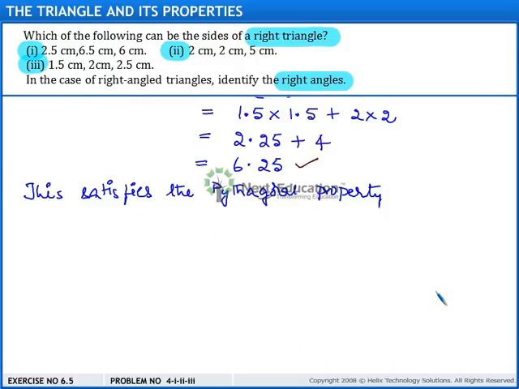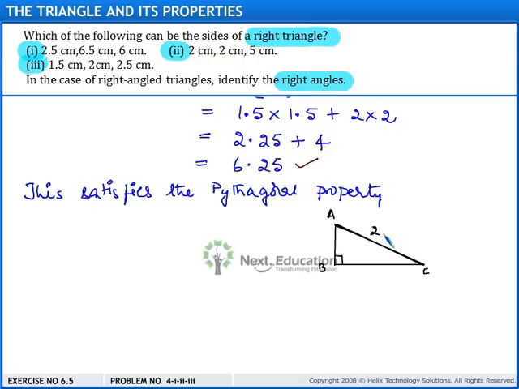Now, we need to find out where the right angle is located. So this is a right angle triangle ABC, wherein the hypotenuse is 2.5 centimeters and the other two sides are 2 centimeters and 1.5 centimeters.